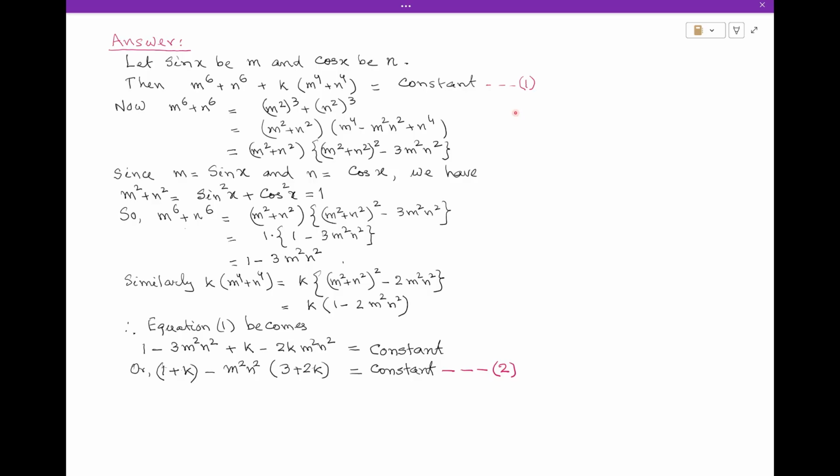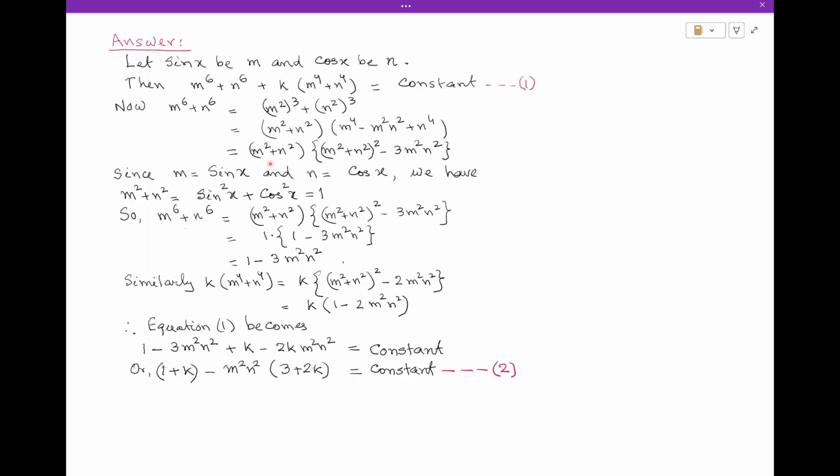We know the formula x cube plus y cube is equal to x plus y whole multiplied by x square minus xy plus y square. Therefore, this becomes m square plus n square multiplied by m to the power of 4 minus m square n square plus n to the power of 4.